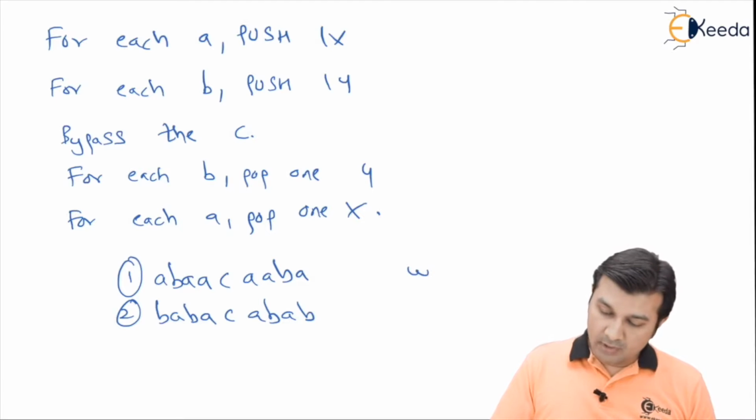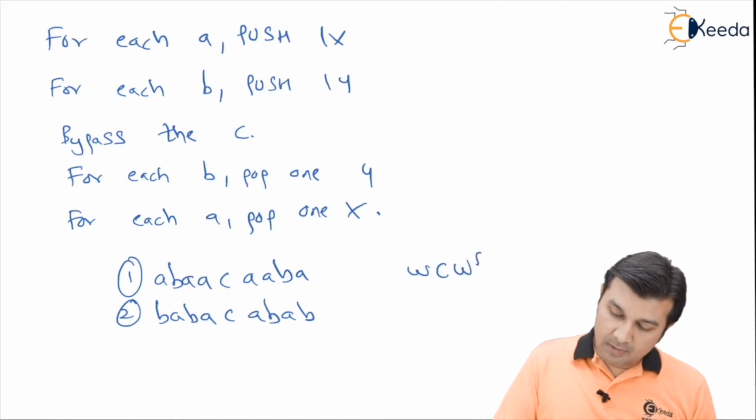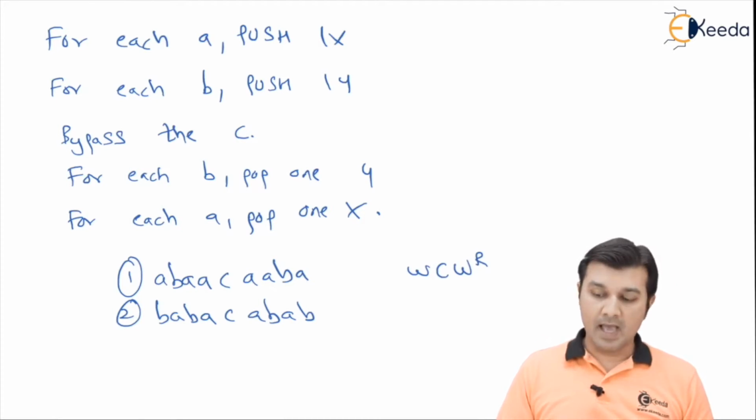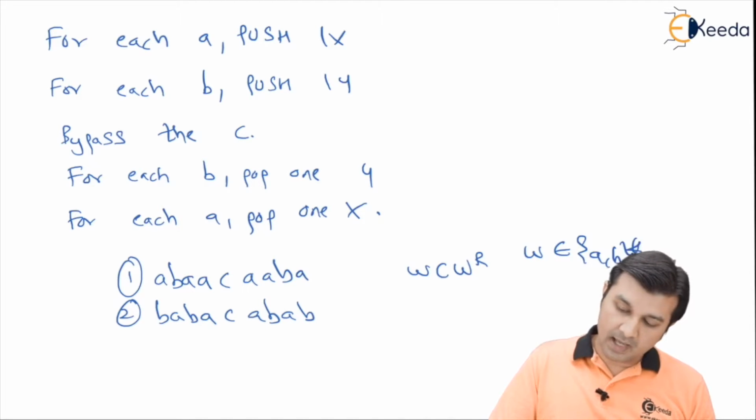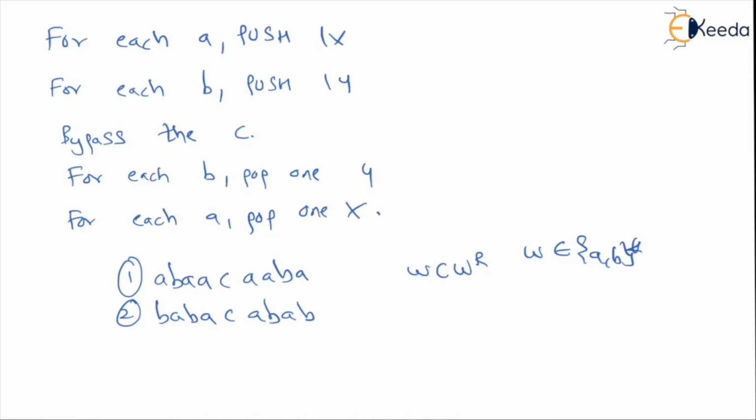But the question over here says W C W reverse, okay, and my W is belonging to (A,B) star. Now we all know by the definition of star, which is a Kleene closure, that star means zero or more repetitions. When I say zero or more repetitions, it is very much possible, highly possible, that my W is nothing but an empty string.